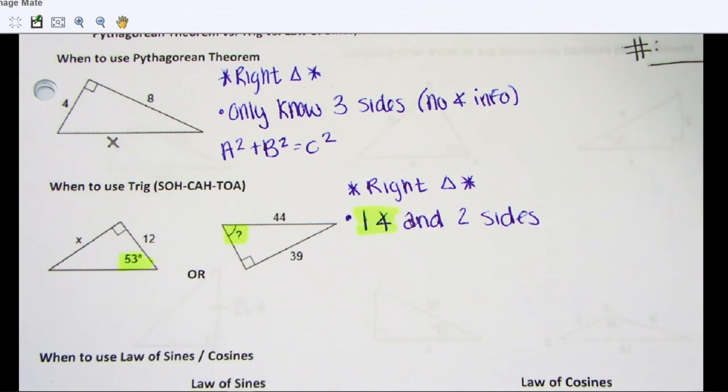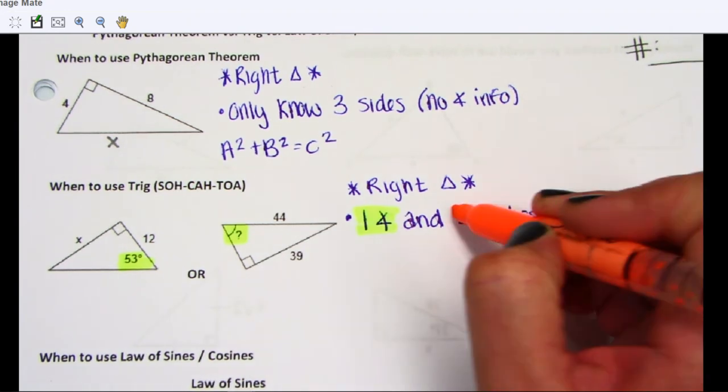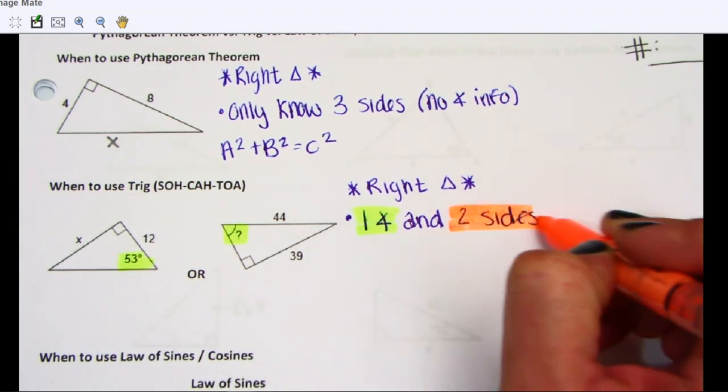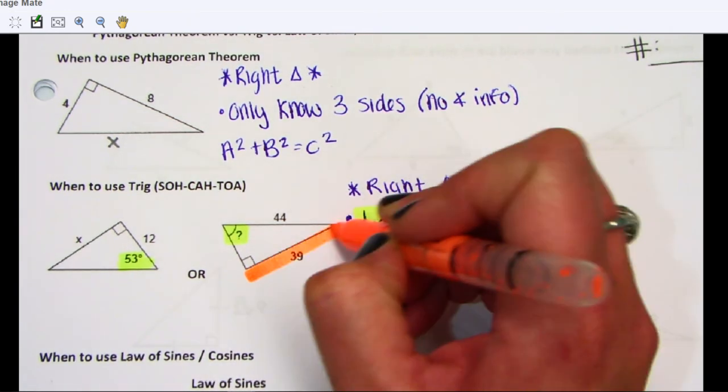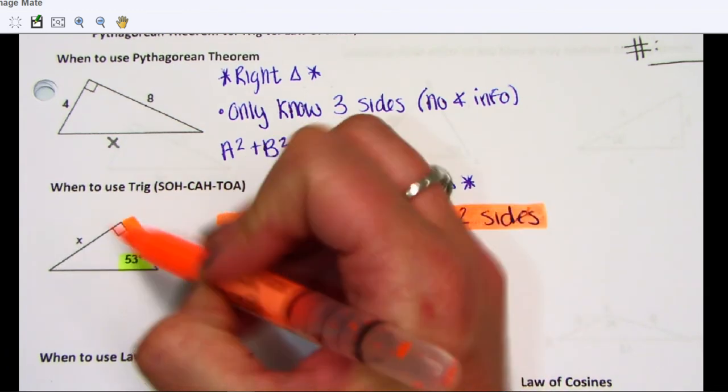It just depends on the type of problem. Then I should have 2 pieces of side information. So when it says 2 sides, I should be focusing on a side here and here, or here and here.